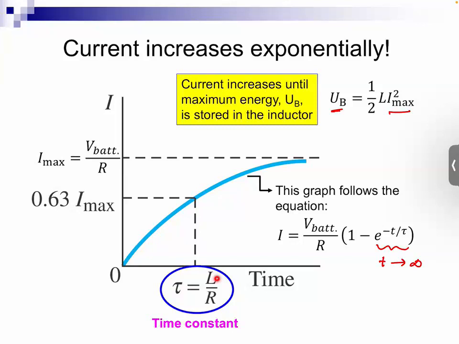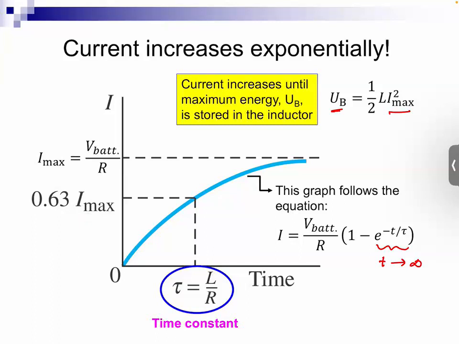Then we define this time constant, which is L over R, inductance over the resistance. It's defined as the time it takes for the current to reach 0.63, or 63%, of the maximum value. And this is nothing new, because we encountered this with a capacitor, right?